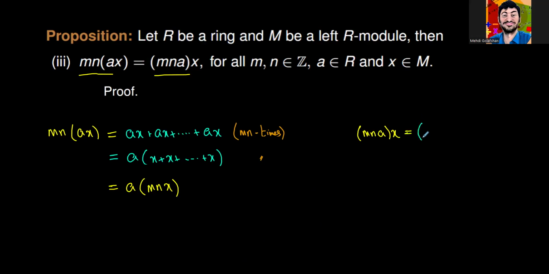Okay, first of all, you're adding A, then times X. But how many times do you have A? M N times. So right now, if you distribute A to X, you have AX plus ... plus AX.